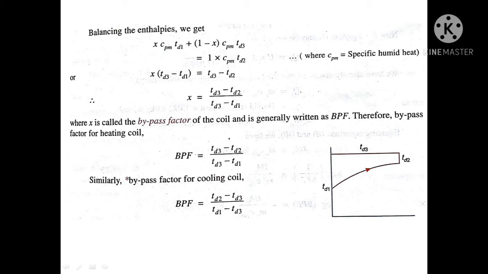We get x TD1 plus TD3 minus x TD3 equals TD2. Now the x terms you have to separate, that is x (TD1 minus TD3) equals TD2 minus TD3, so that x equals (TD3 minus TD2) divided by (TD3 minus TD1), where x is known as the bypass factor. The bypass factor for a cooling coil is given by only changing the terms, that is (TD2 minus TD3) and (TD1 minus TD3).